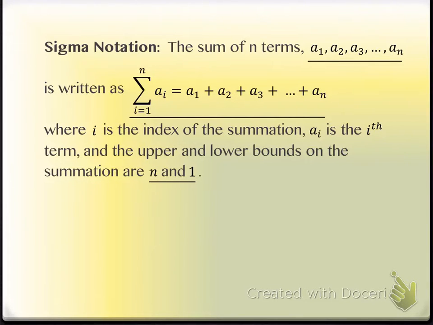And that is just a1 plus a2 plus all the way up to an. i is called the index of the summation. a sub i is the ith term. And the upper bound is n, the lower bound is 1. So we're going to become a little familiar with this notation before we jump into the area stuff we're going to do in a minute.